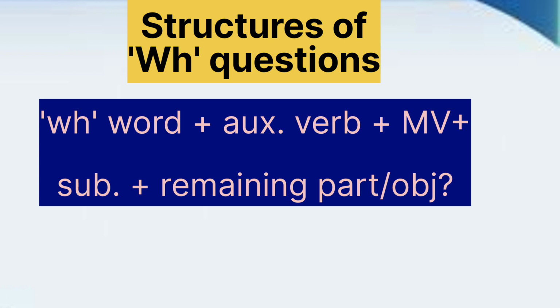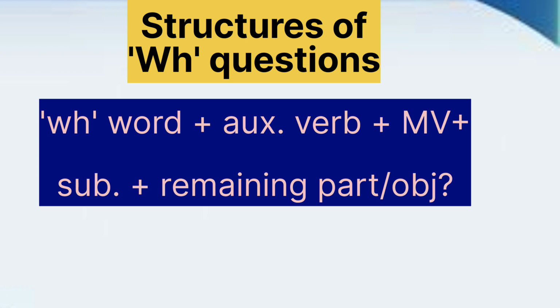Then use an appropriate helping verb or auxiliary verb like am, is, are, was, were, shall, will, do, does, did, have, has, had, modal auxiliaries like can, may, could, would, should, etc. Then the main verb and the remaining part of the sentence.